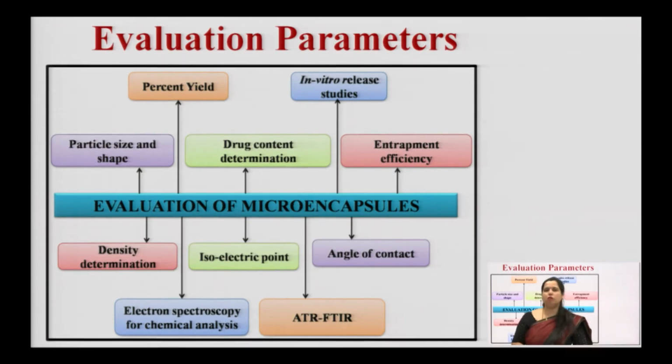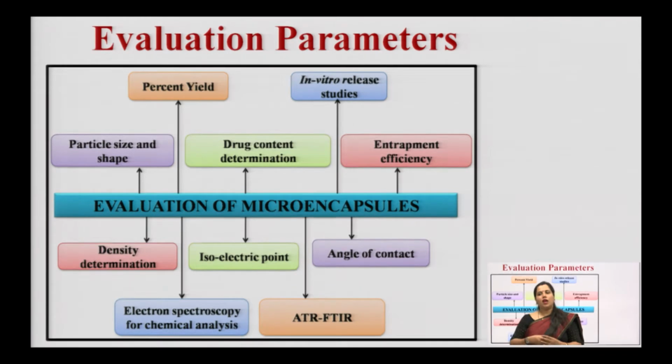So, these are some evaluation parameters, although apart from these there are a variety of evaluation parameters which we can do as per the nature of the microsphere prepared. For example, magnetic microspheres. In the case of magnetic microspheres we can have different kinds of evaluation parameters to check whether the magnetic properties are present or not.